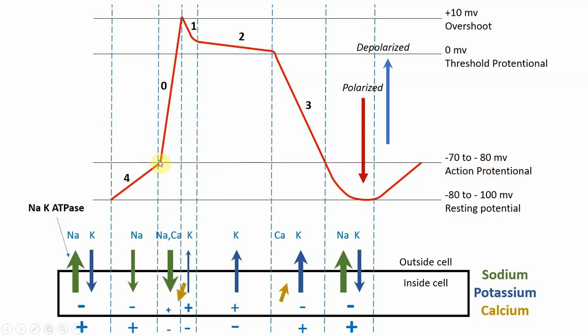At this potential there is sudden opening of all the sodium gates. A large amount of sodium starts entering inside, all the sodium gates are open and there is a rushing in of sodium. Moreover, I have shown calcium ions over here, shown inside only.